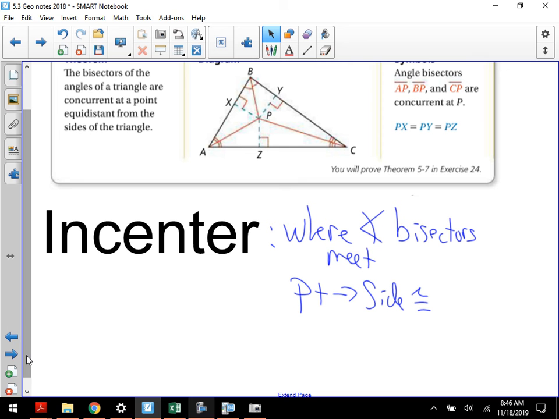Every time we call it a point, we're talking about the point where they meet, a place of congruency. One thing that's real fancy term-wise. And point to side is what is congruent. All right? Point to side, because it's in the center.